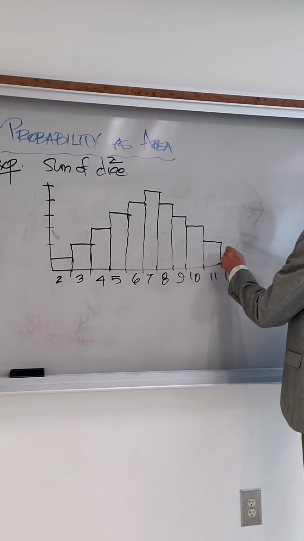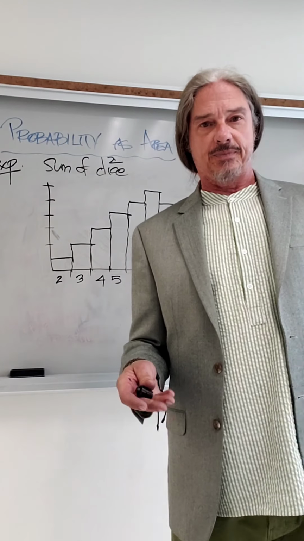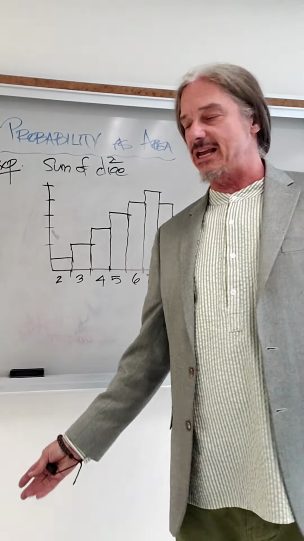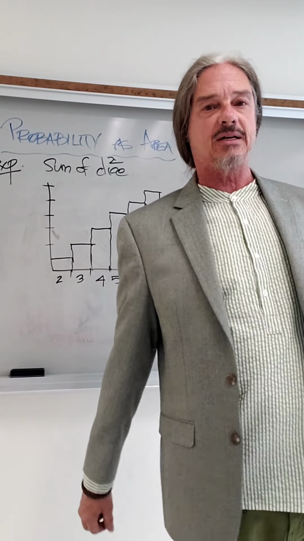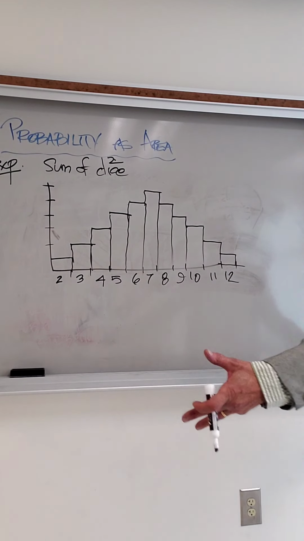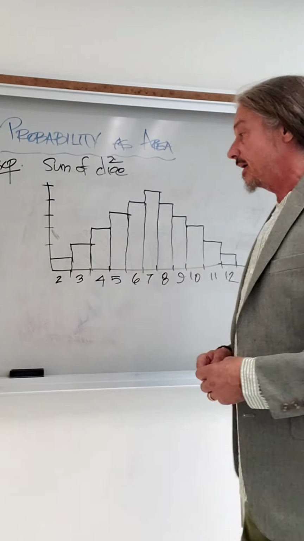And then finally, the number of ways you can roll and add up to 12 is one way. 6 and 6. That's it. Exactly the same number of ways as rolling a sum of 2. Look at that. Look familiar? You betcha. It's a bell curve.